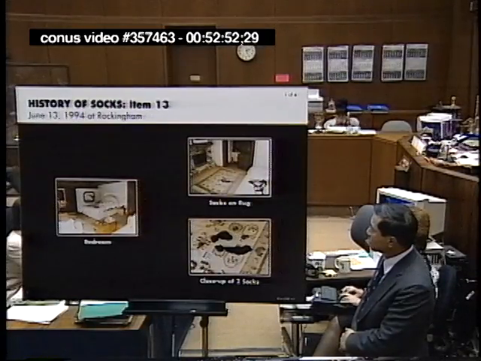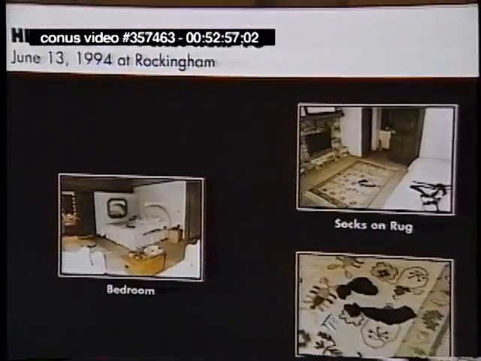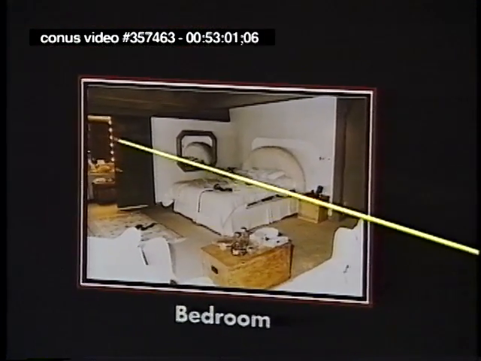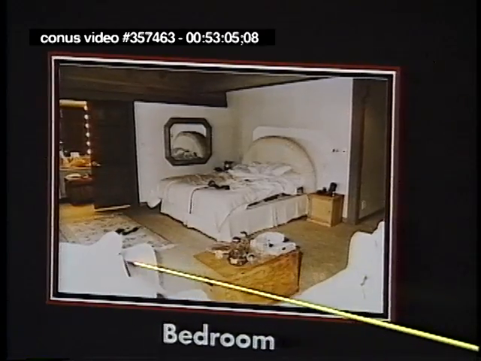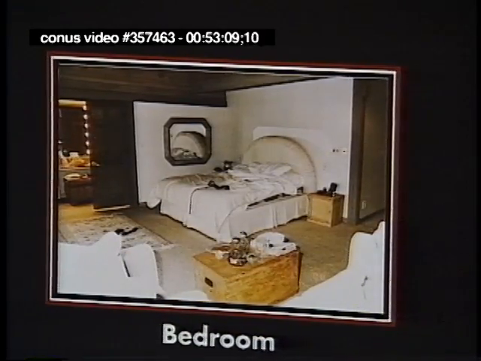Picture number 1 represents what in terms of the bedroom? It depicts an overall view, showing this corner of the bedroom and the rug on the carpet, the bed, and in the center of this picture appears to be a pair of socks.